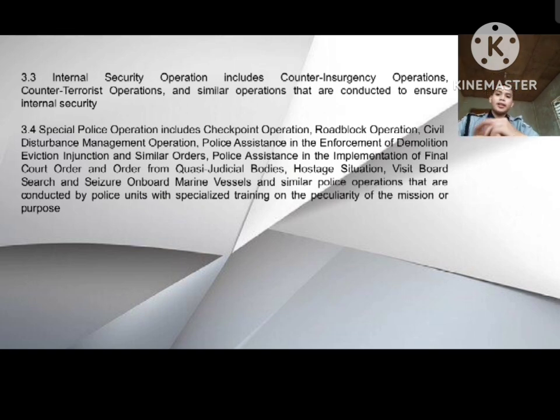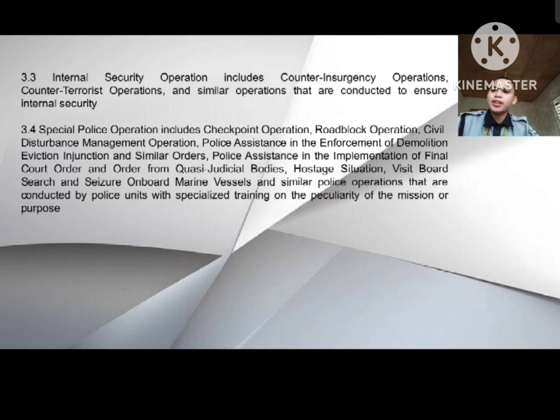So internal security operations focus on protecting the country from threats within, such as insurgency and terrorism. So this includes counterinsurgency and counter-terrorist operations that aim to maintain peace and order, ensure the safety of the citizens, and protect national security.